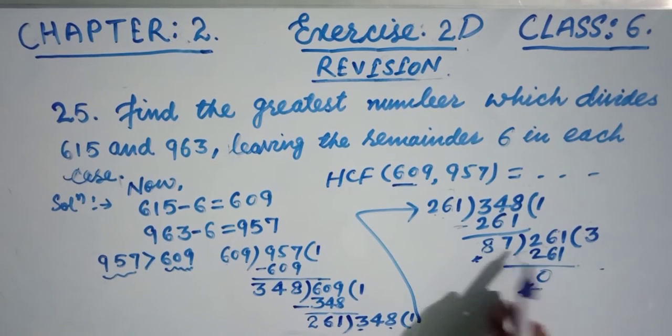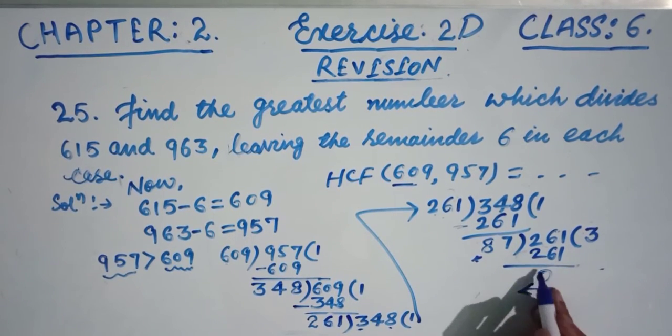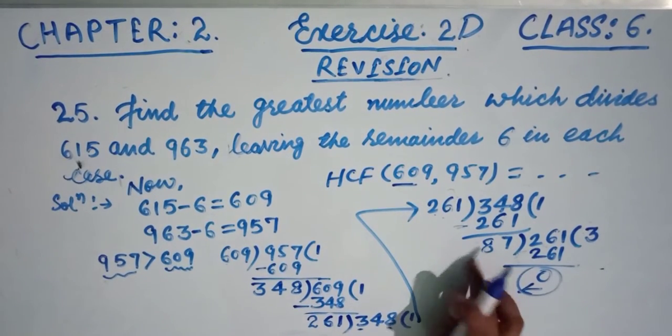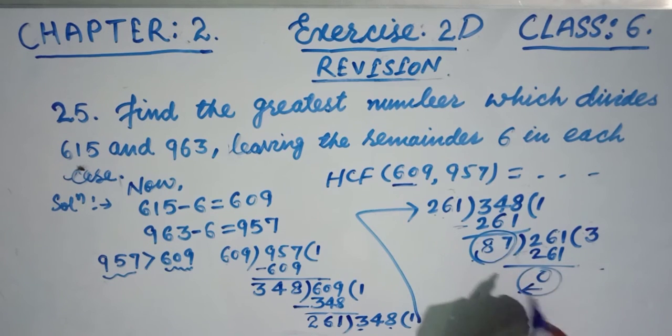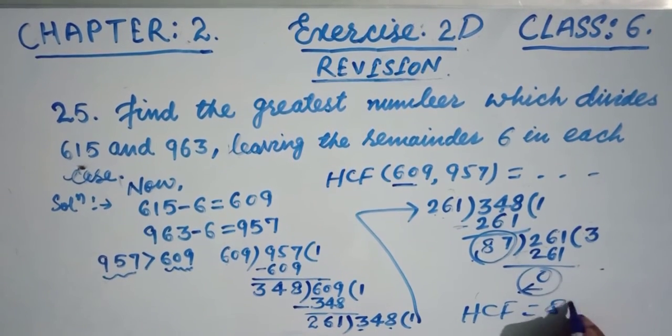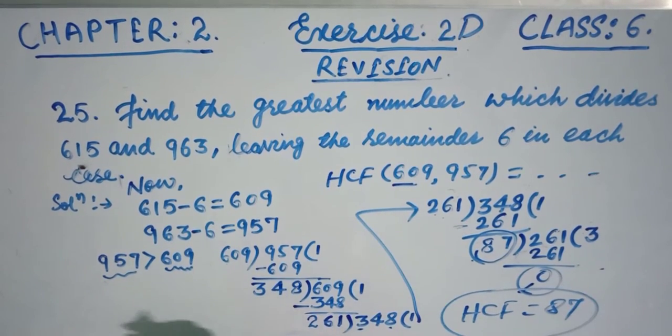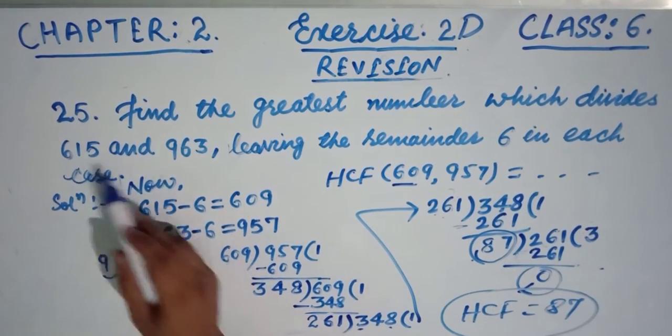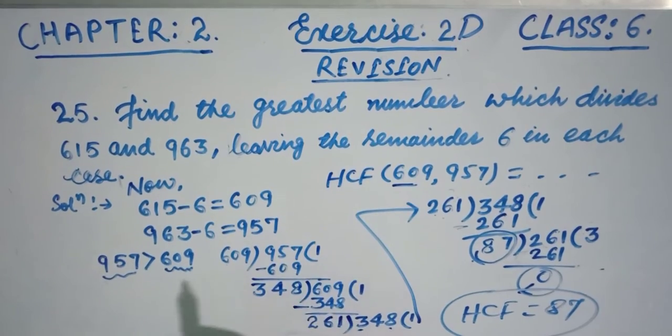Apply 87 three times to 261, and the remainder is 0. So stop the procedure. The divisor of this step is the HCF, so the HCF is 87. After dividing by this HCF, we get the remainder 6 and 6, friends. I hope that is clear.